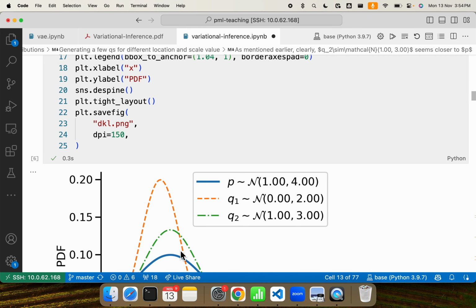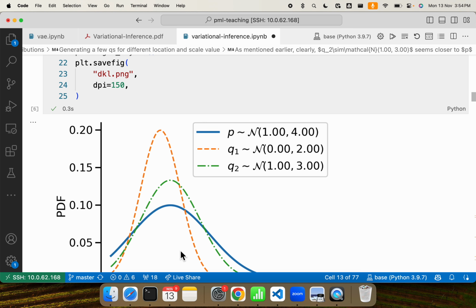Let's consider the problem. Can you tell me the optimum mu and sigma which would minimize the KL divergence between a Q and a P, with Q parameterized as a normal distribution with mu and sigma? How will we go about that? Same as the one in P. So here we know that P is given as a normal distribution, but let's assume that P is not a normal distribution, it's some other distribution whose form we don't know, right?